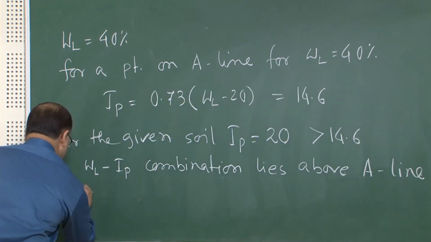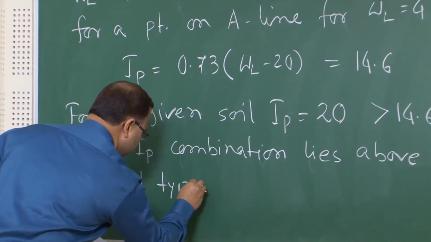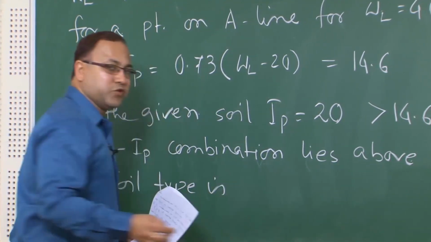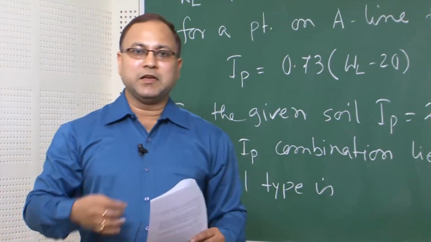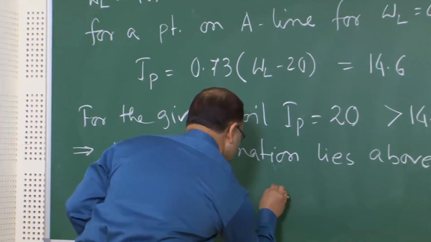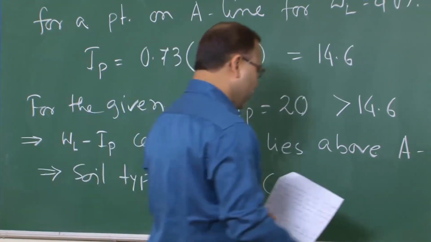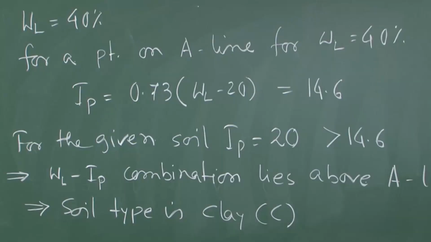So, therefore, what type of soil will you get? If it lies above the A line, you will get clay. So, soil is clay.